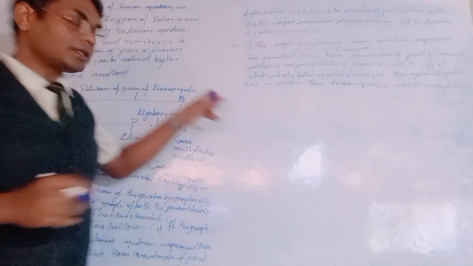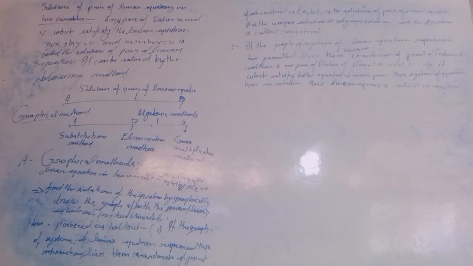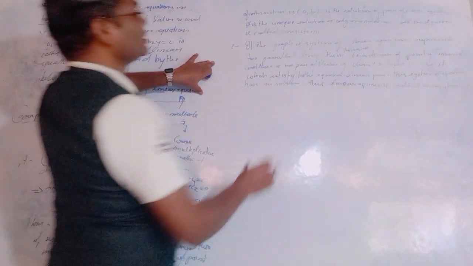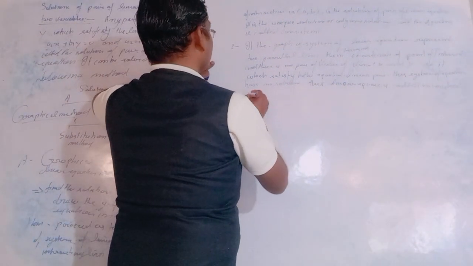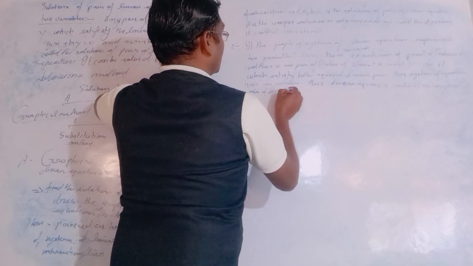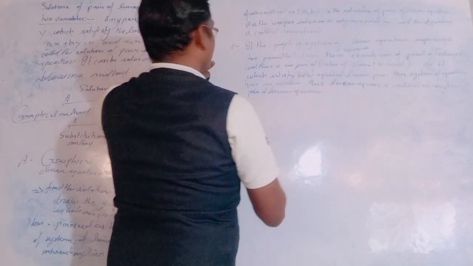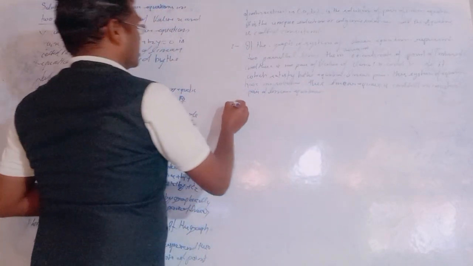Okay, it is called an inconsistent pair of linear equations. Okay, so now the third condition.